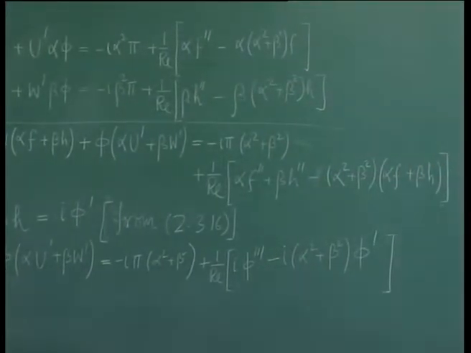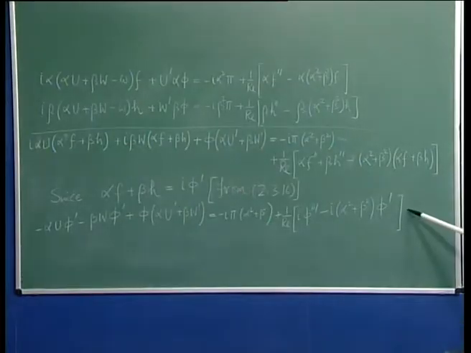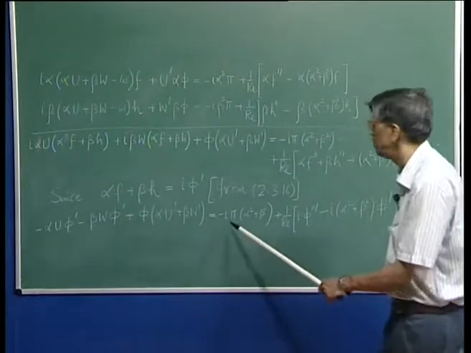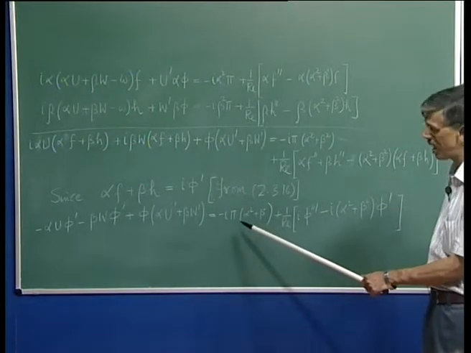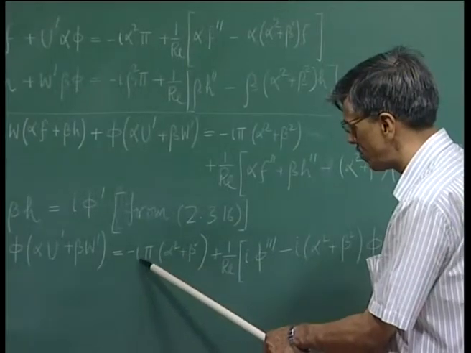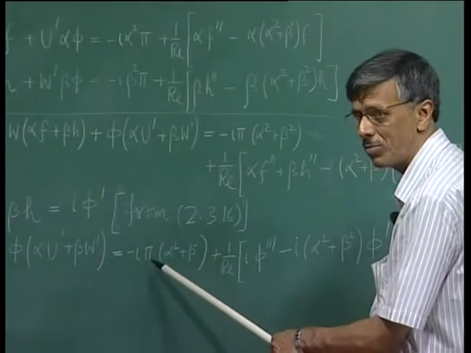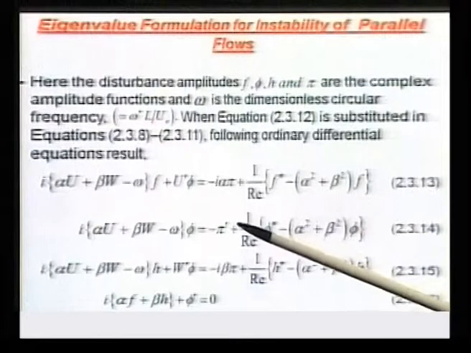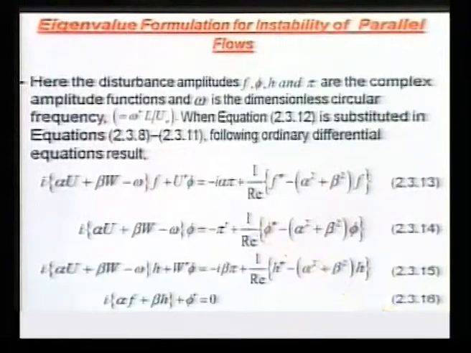Then what do we have? Well, we have this equation plus equation 14. 14 remains untouched, right. So, what you notice is that in equation 14 we have the derivative of pi with respect to y, while this equation has pi alone. So, what I could do is differentiate this once, then from this term I will get minus i alpha square plus beta square times pi prime, and we can see that pi prime can be exclusively written in terms of phi.